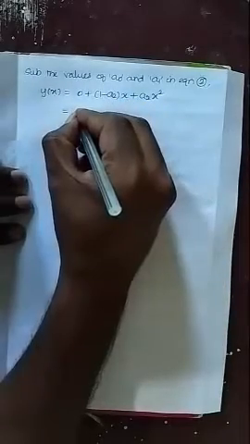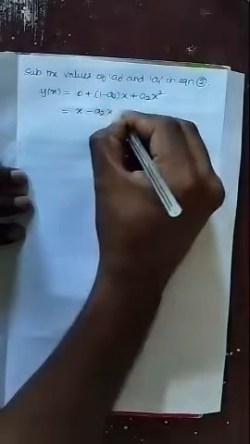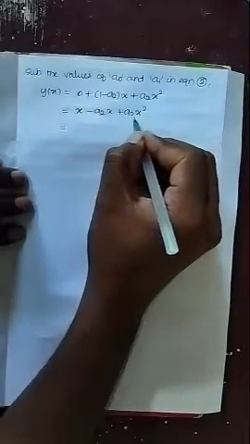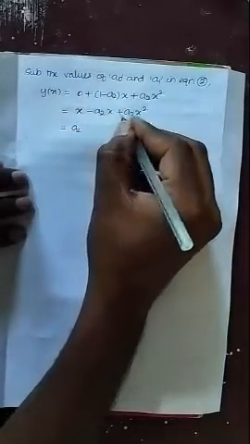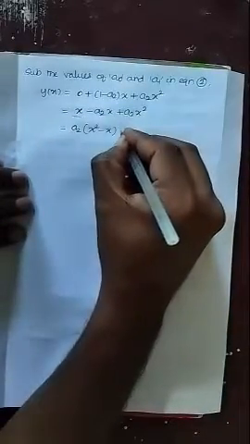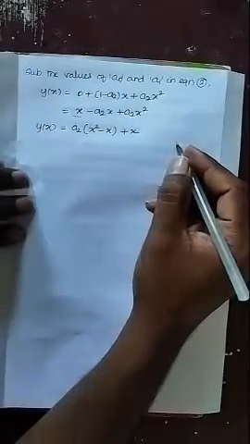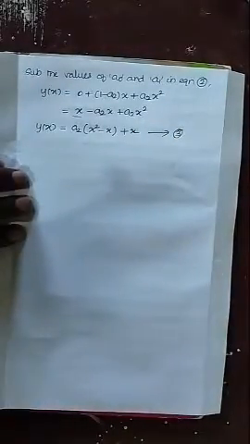This can be expanded as x minus a2x plus a2x square. In the second and third terms, a2 is a common term. So by taking a2 as common, we get a2 into x square minus x, plus the first term x. This is the feasible trial function we can assume to solve the given problem, which will satisfy the given boundary conditions of the problem.